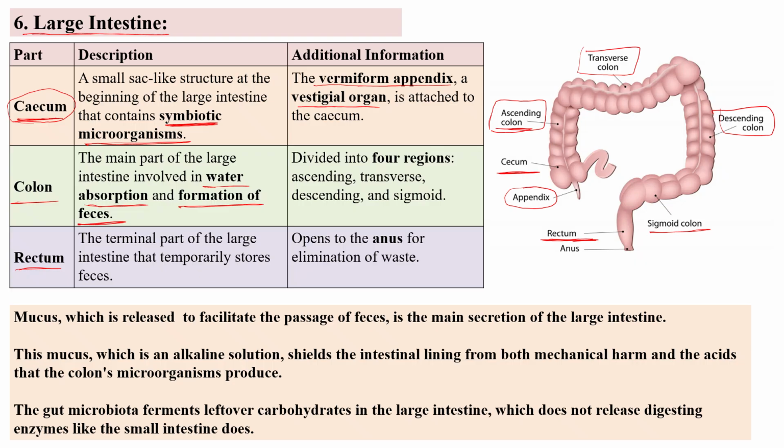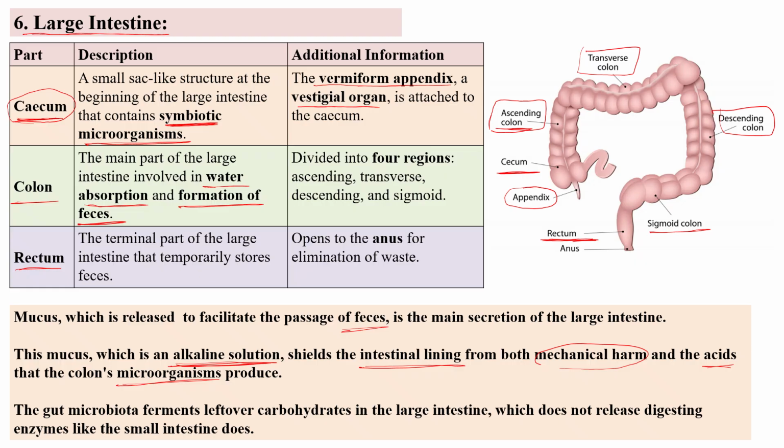Mucus is released in this part of the alimentary canal, that is the large intestine, to facilitate the passage of feces, which is the main secretion of the large intestine. Mucus is an alkaline solution and shields the intestinal lining from mechanical harm as well as the acids that the microorganisms produce in the colon.